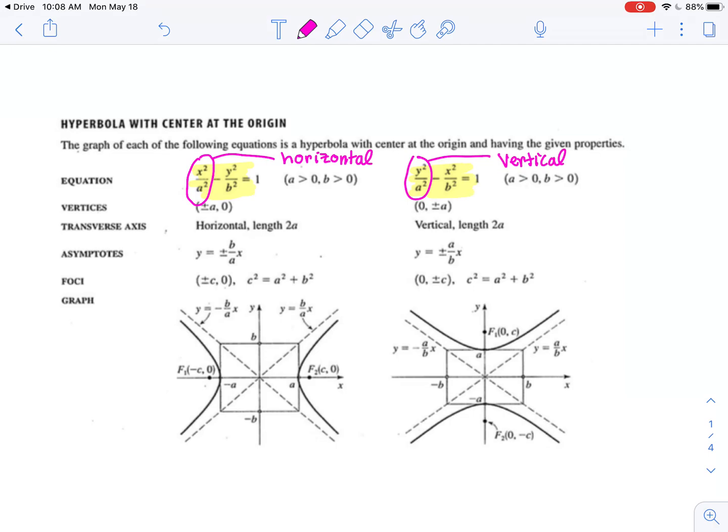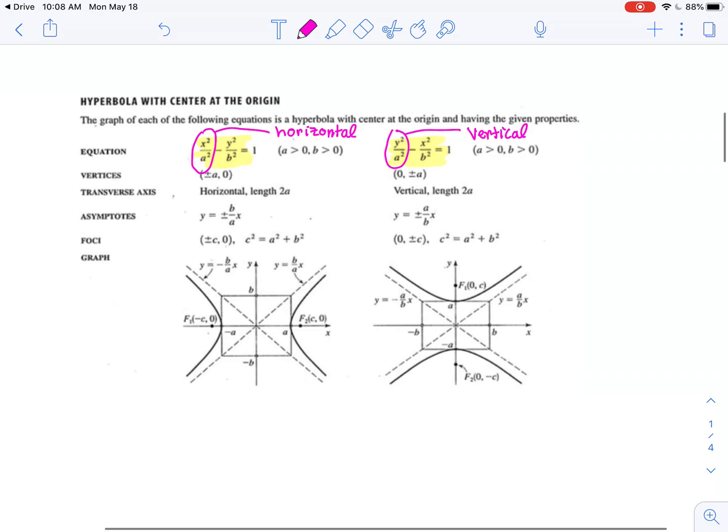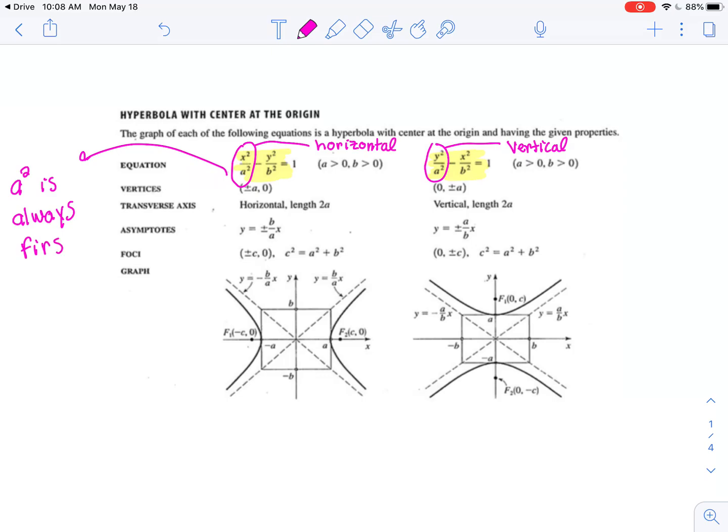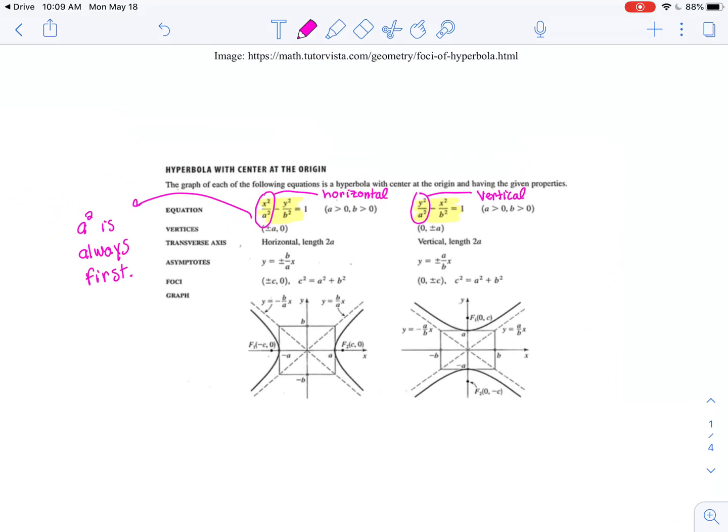My a squared is always under the first fraction, and my b squared is always under the second fraction. My a squared isn't necessarily the biggest number. When we're dealing with an ellipse, the biggest number under the fractions is your a squared. With a hyperbola, a squared is always first. That's the difference here, and you'll see as we work through a few of these.